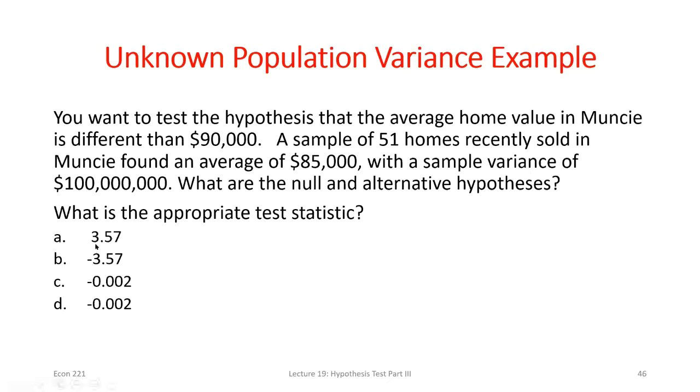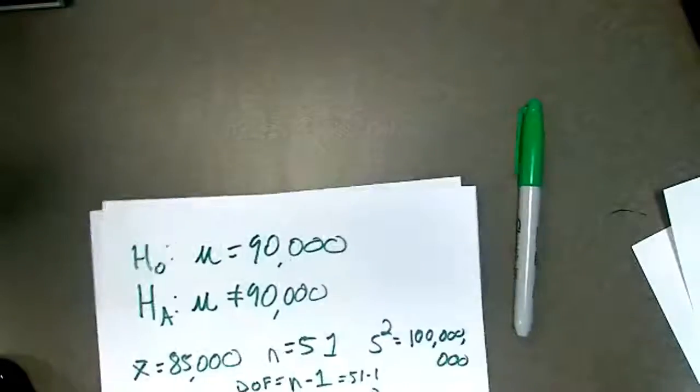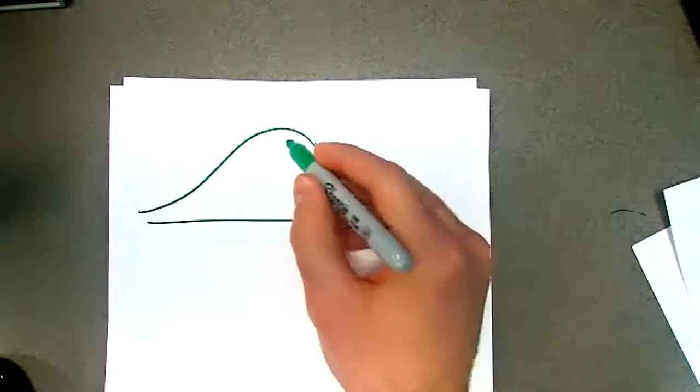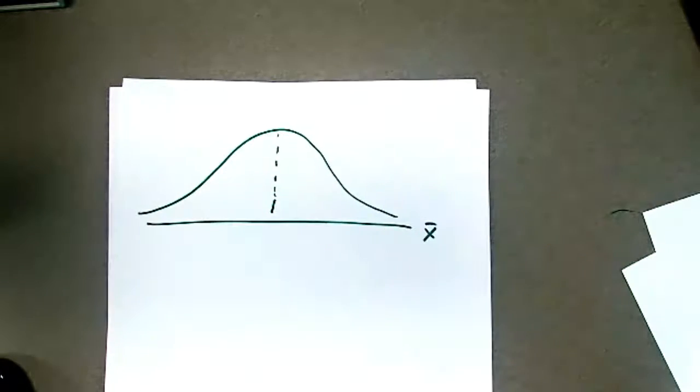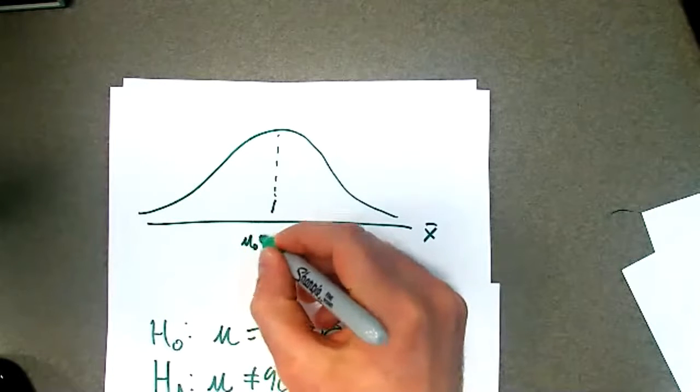So I'm going to probably guess it's A or B here. And one thing that can help you on the exam with these multiple choice questions, before we get too lost in what we're doing, is to simply draw out what the distribution of my sample means would look like. I've assumed from my null hypothesis that the population mean is 90,000.